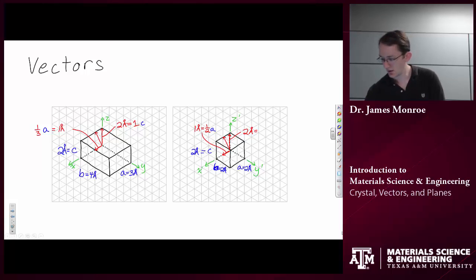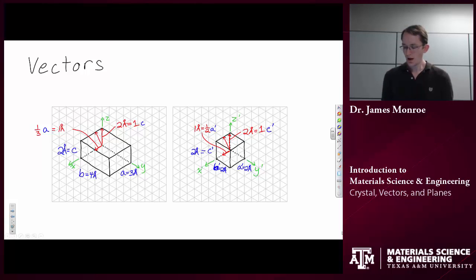And that is equal to 1 times C. Okay? And to distinguish between the two, I'm going to say this is C prime, B prime, and A prime, just to show you that it's in the cubic crystal system.